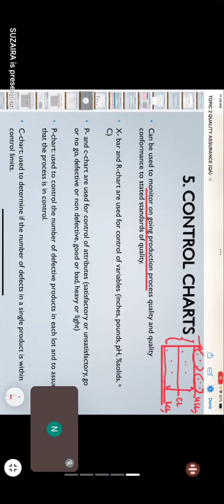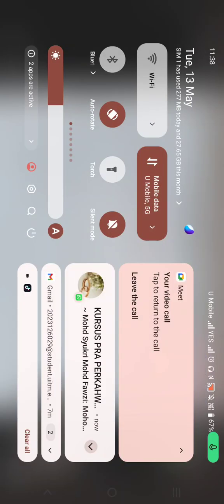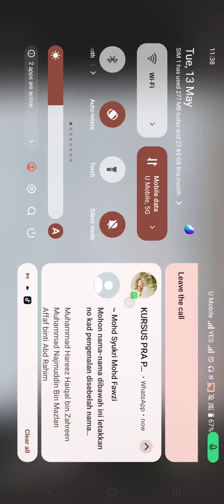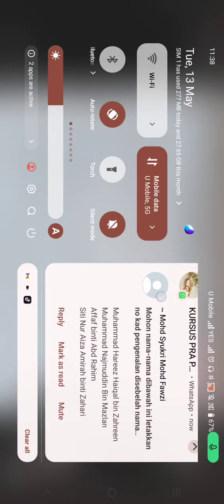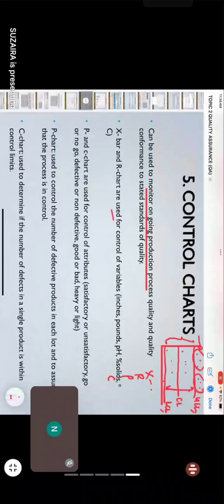In terms of control charts, we have 4 kinds of charts: X, R, P, and C. The X and R charts are used for control of variables, whether the parameters are weight, pH, total soluble solids, or degrees Celsius. The X bar and R charts have a relationship, because from the X chart we can calculate the R chart.